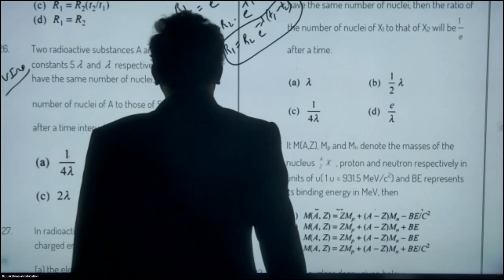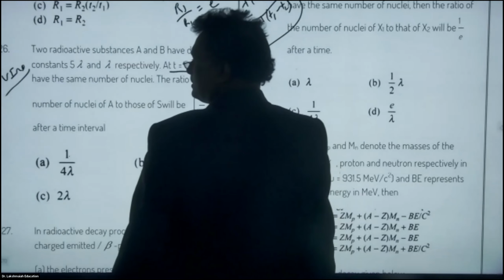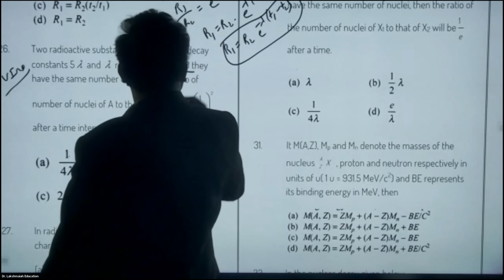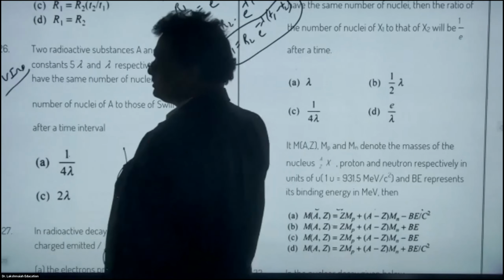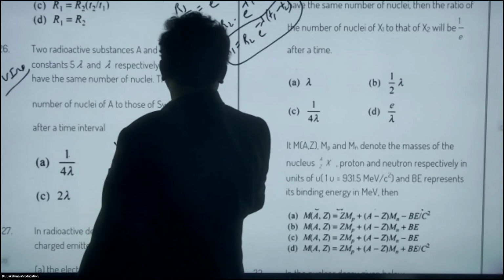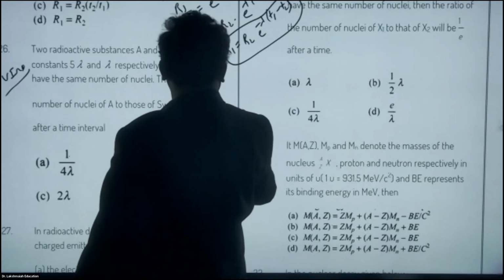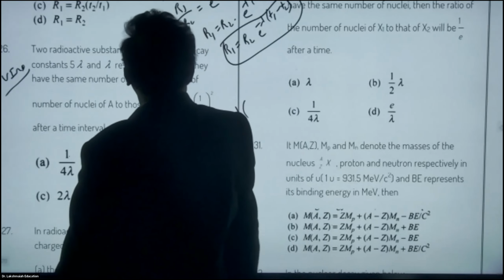How do you get 1 by 2 lambda? The same way, this one only you can find. Instead of R1 and R2, you write N1 by N2. So N1 by N2 is equal to e to the power of minus lambda into, what is T1?